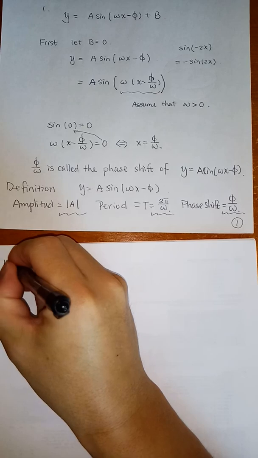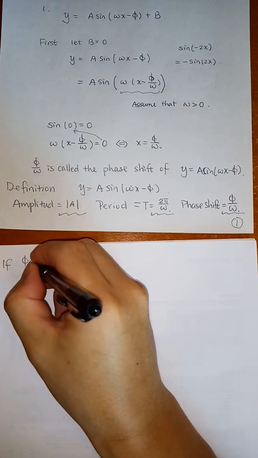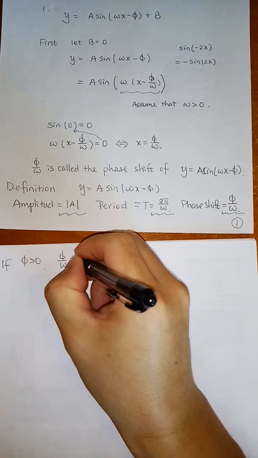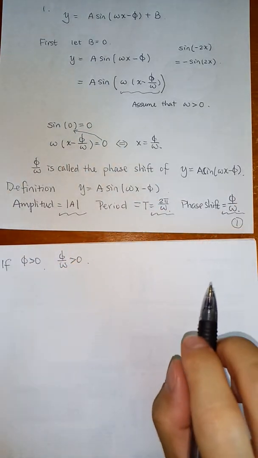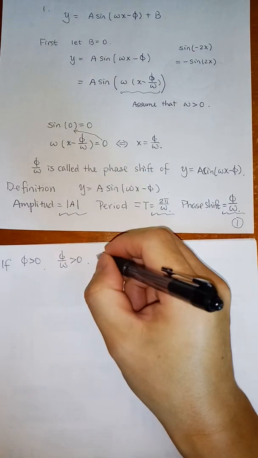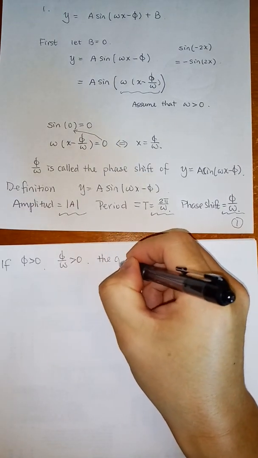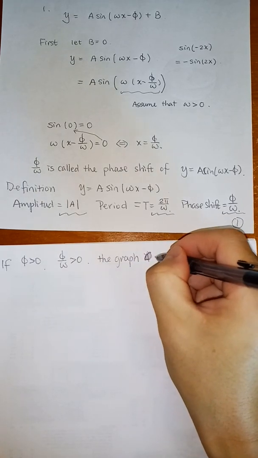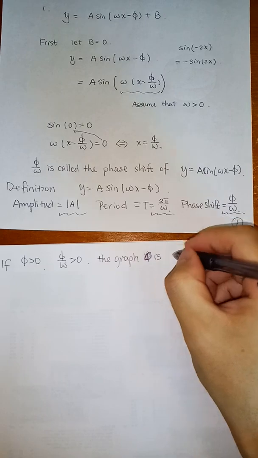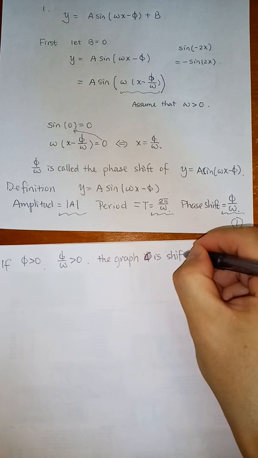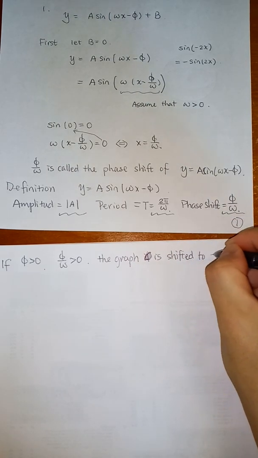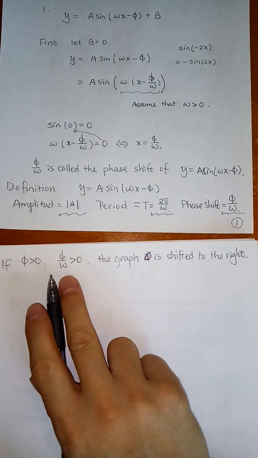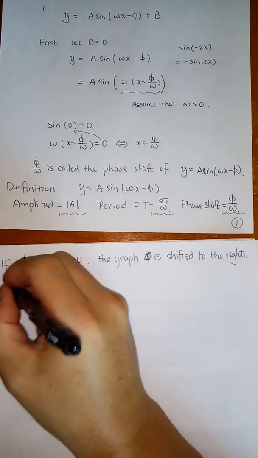If phi over omega is positive, minus a positive number, the graph is shifted to the right. For positive phi, you shift to the right.